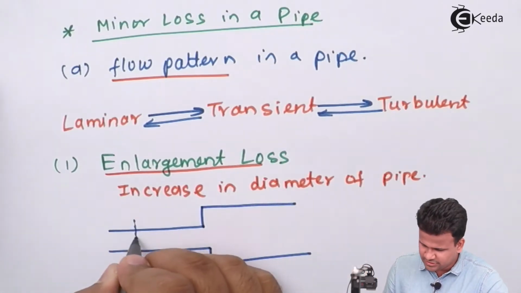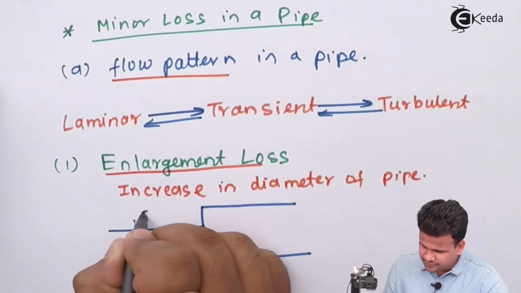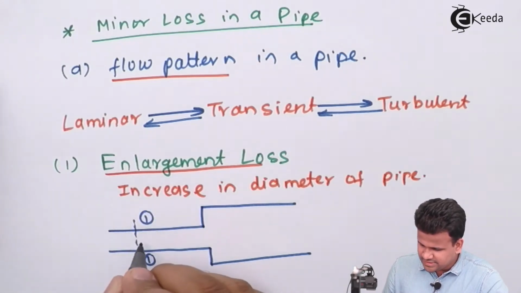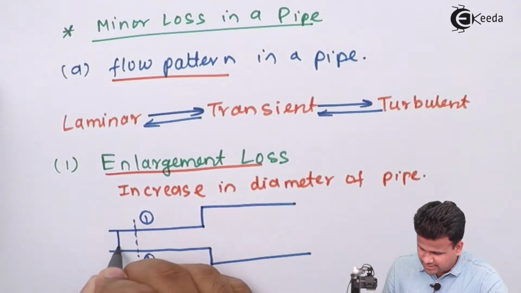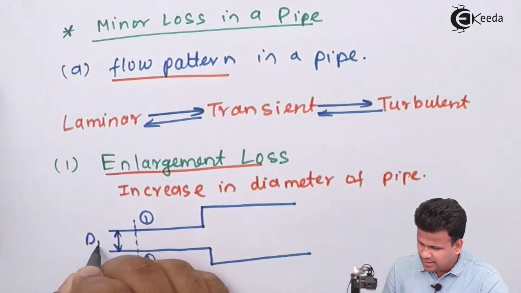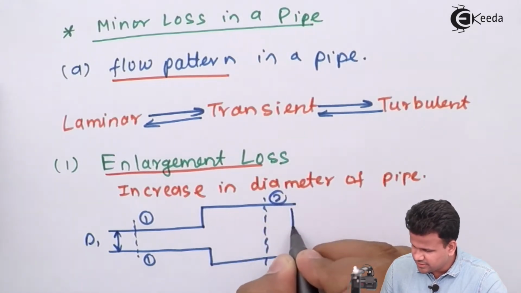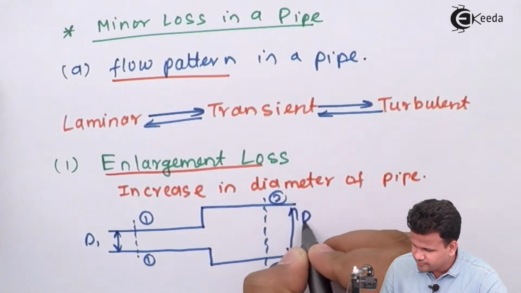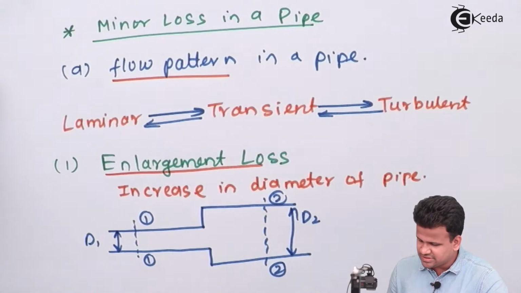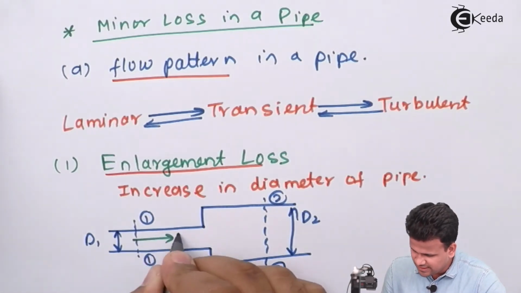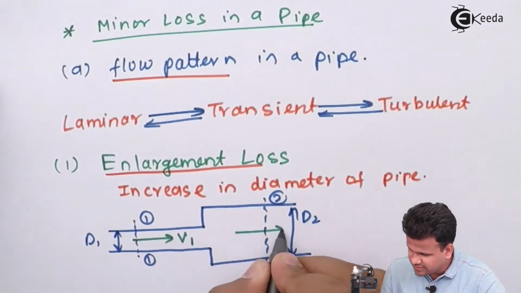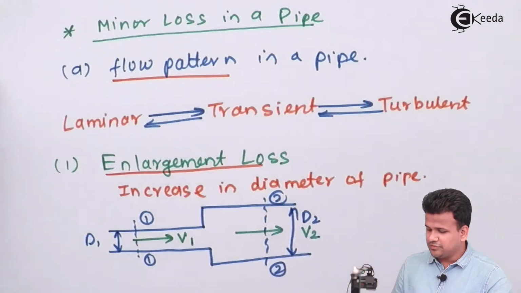So at section 1, let us consider the diameter as d1, and at section 2, the diameter is d2, and the velocity at section 1 we will consider as v1, and while leaving it will have velocity v2.